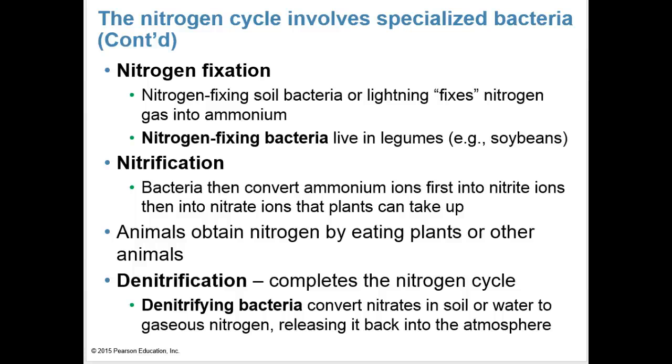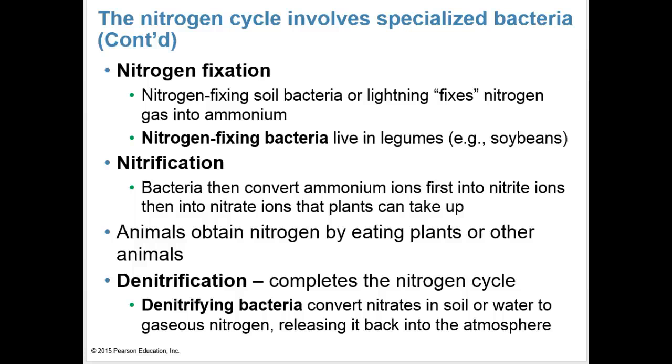Again, nitrogen fixation can be accomplished by the intense energy of lightning strikes or by particular types of nitrogen-fixing bacteria that inhabit the top layer of soil. These bacteria live in a mutualistic relationship with many types of plants, including soybeans and other legumes, providing them nutrients by converting nitrogen to a usable form.